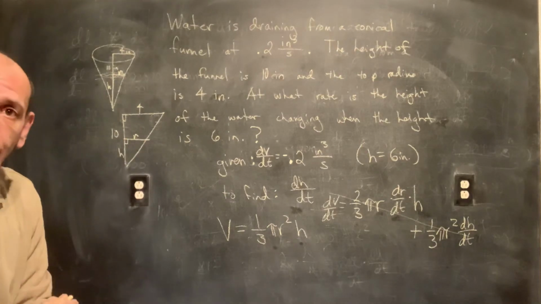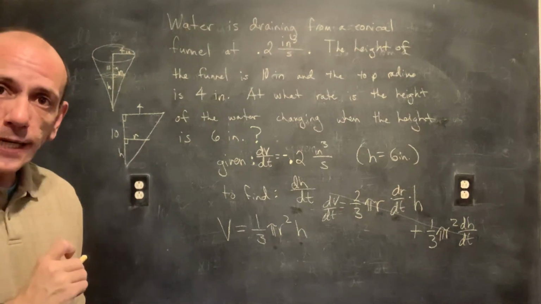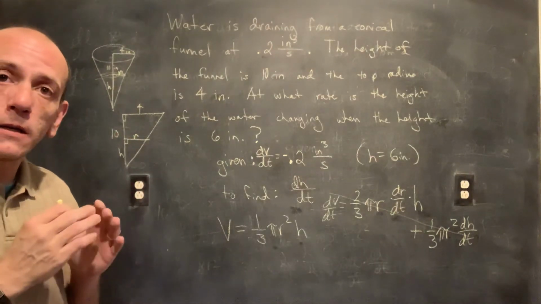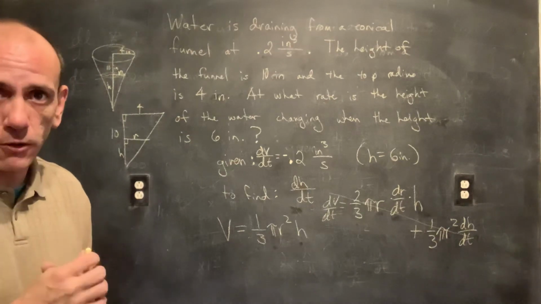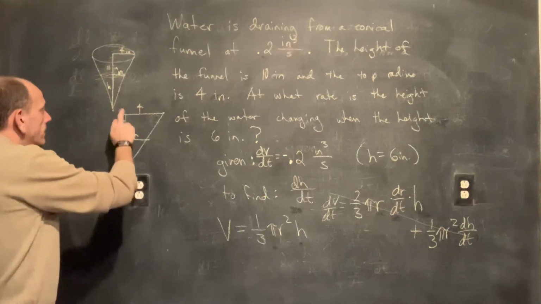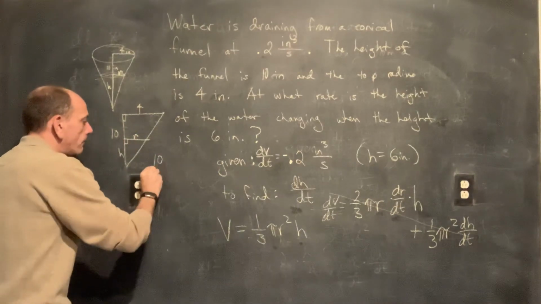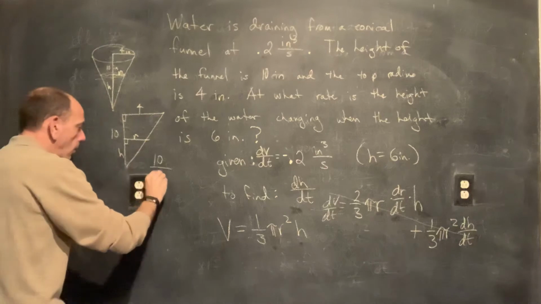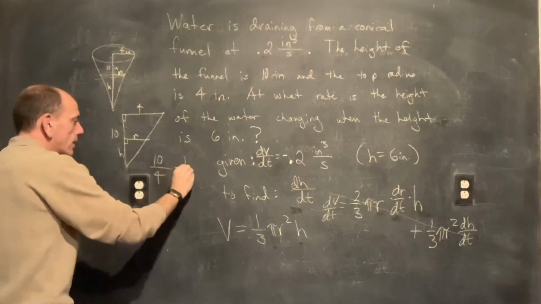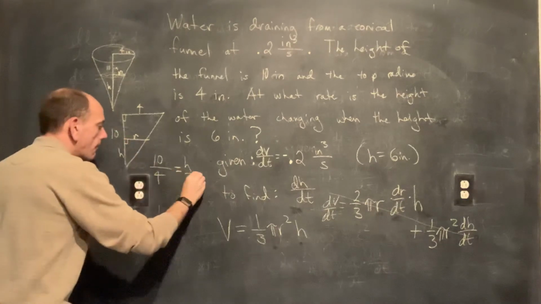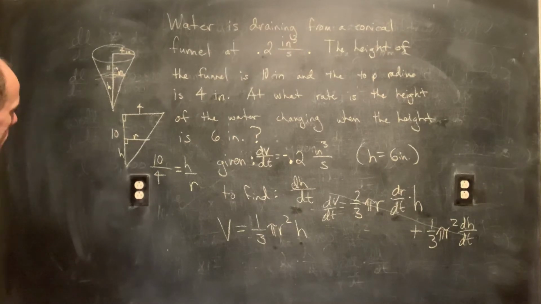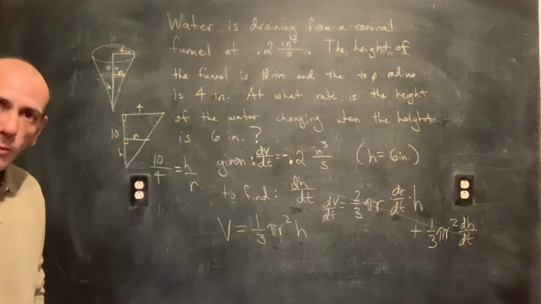And I go, ah, there's a key theorem from geometry that corresponding sides in similar triangles are proportional. So as the big side, 10, is to the little side, 4, so is the big side, h, to the little side, r. Corresponding sides of similar triangles are proportional.